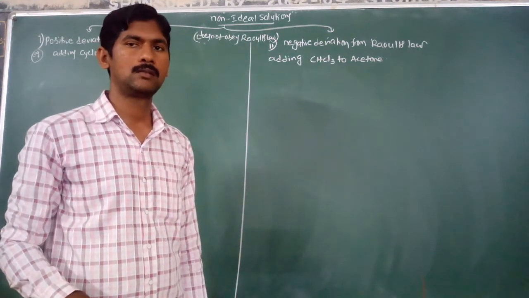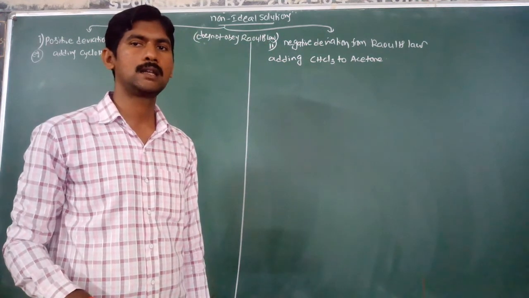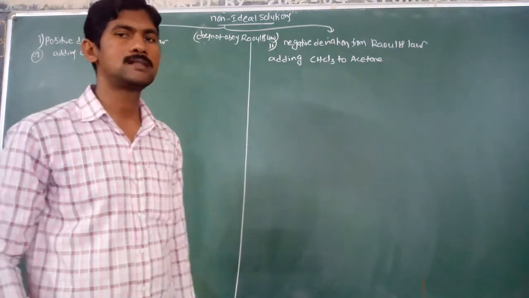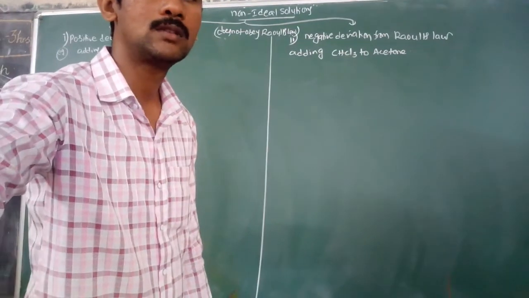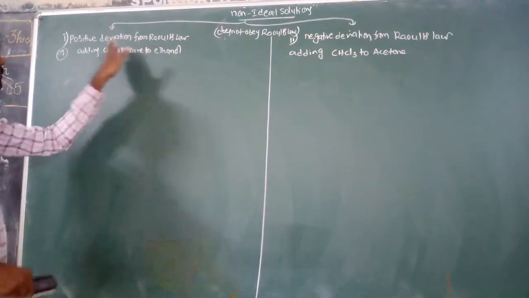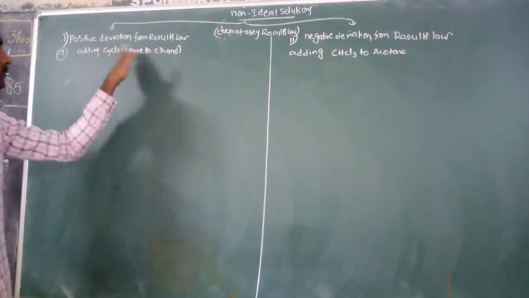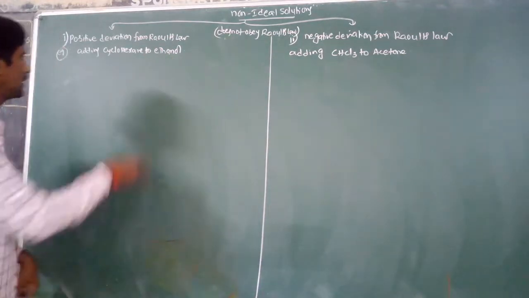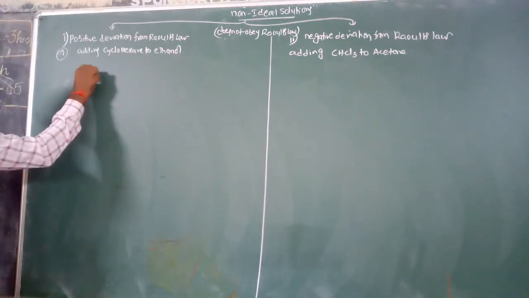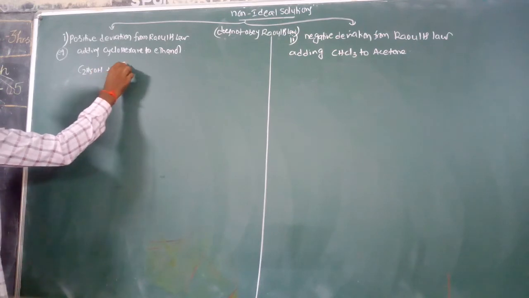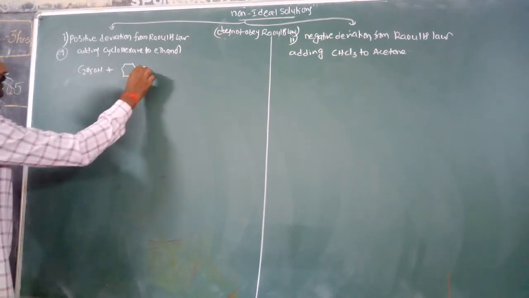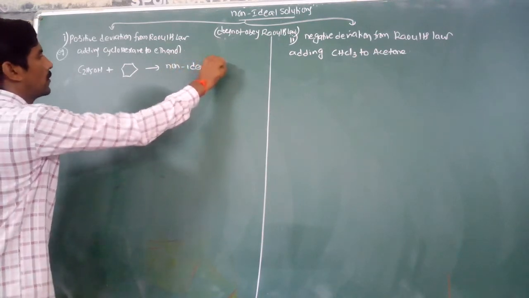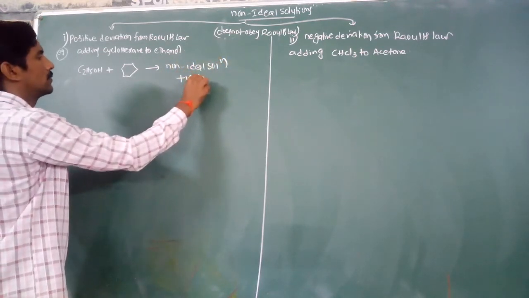First of all, we are going to discuss non-ideal solutions which show positive deviation from Raoult's law. For this, you can consider adding cyclohexane to ethanol. Ethanol plus cyclohexane can form non-ideal solutions which show positive deviation.